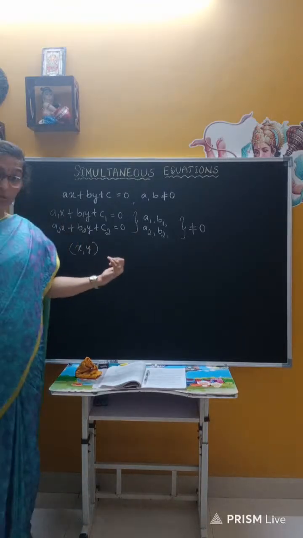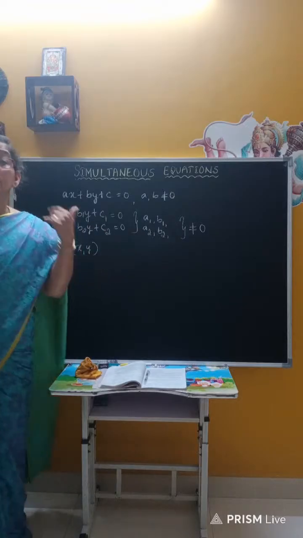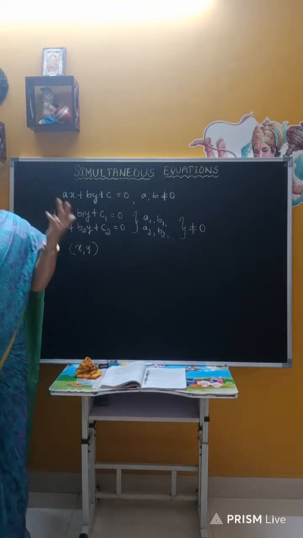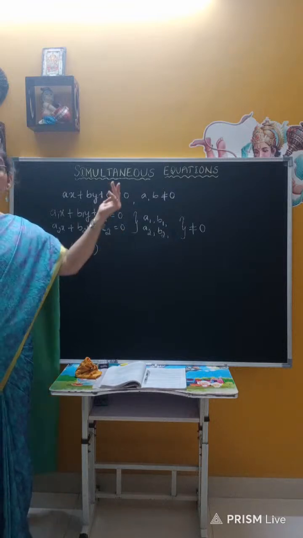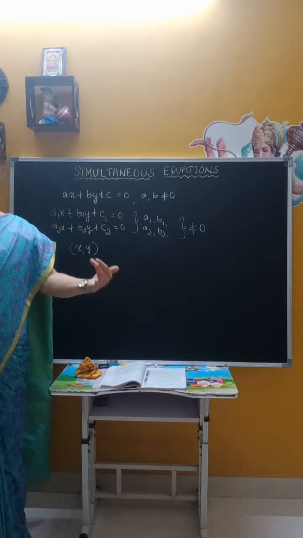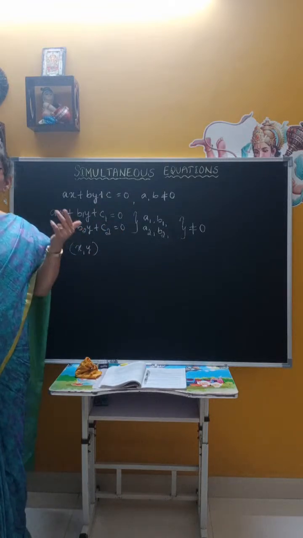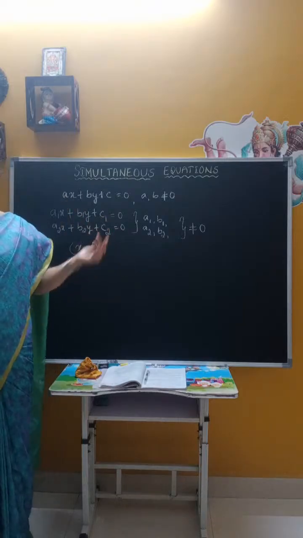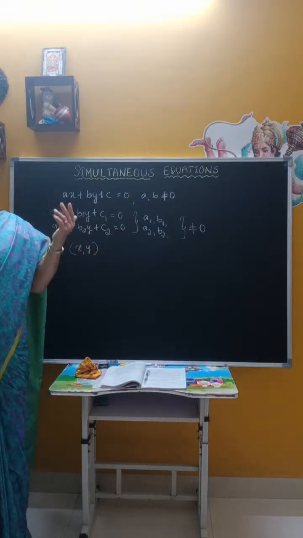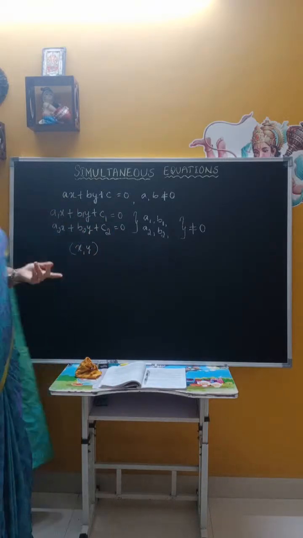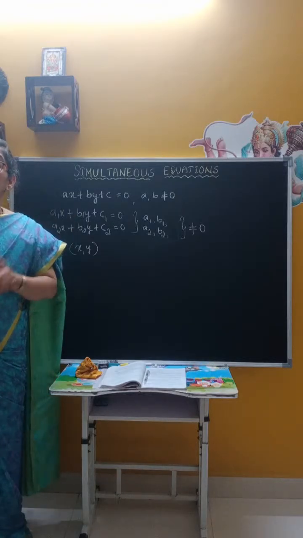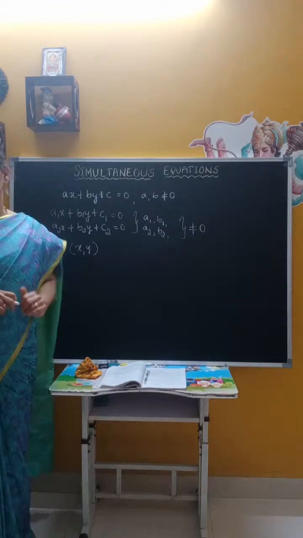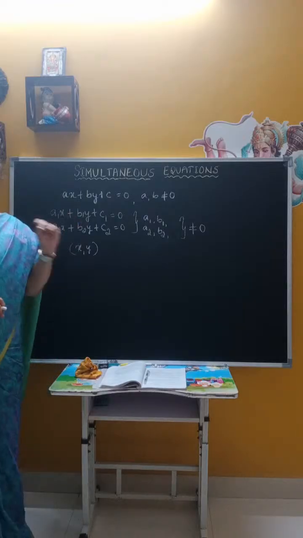Second case, there may not be any solution at all when the two lines are parallel. And the third case is the lines are coincident, in which case we get an infinite number of solutions. These are the three situations.